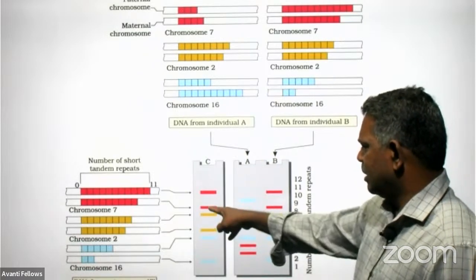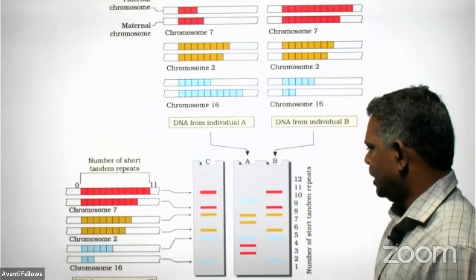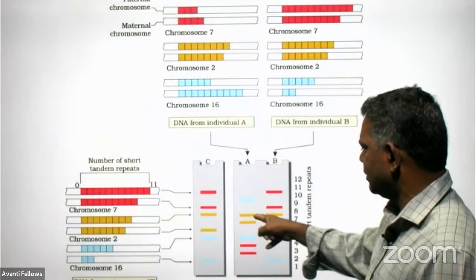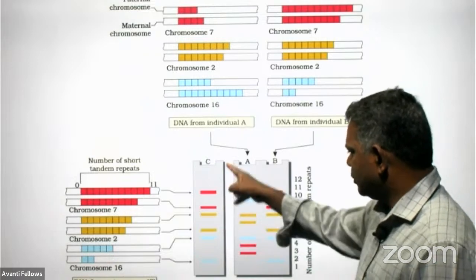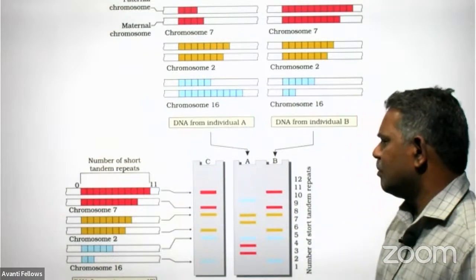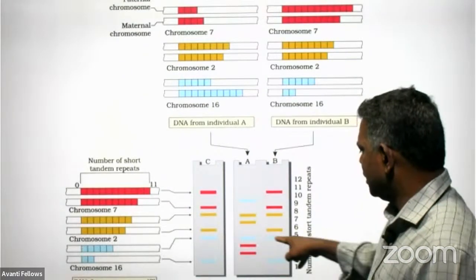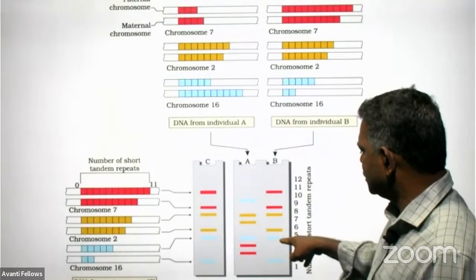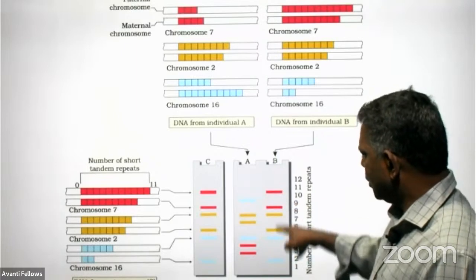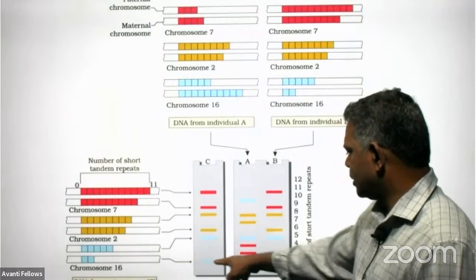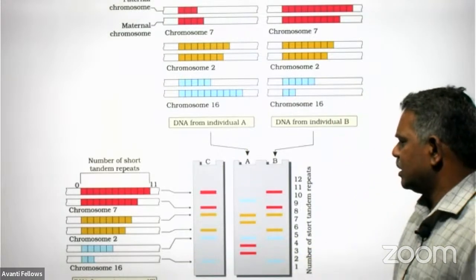The second red band you can find here, and the yellow band exactly here. Of course, this person also has the yellow band here, but you have to see all the bands and compare. This one exactly here, and the blue band here, both have it, but it is more in individual B, and here is another blue band, and here is another one.